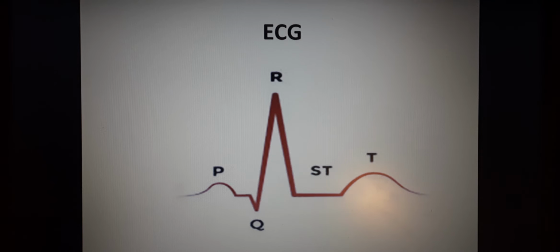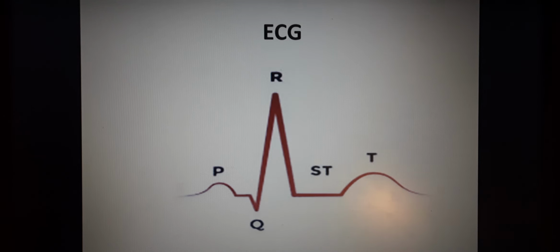You see the QRS complex. The QRS complex represents depolarization of the ventricles, that is, ventricular systole. It has the maximum pressure by which the blood will flow to each and every cell or tissue of our body. About these things I will explain on the blackboard.